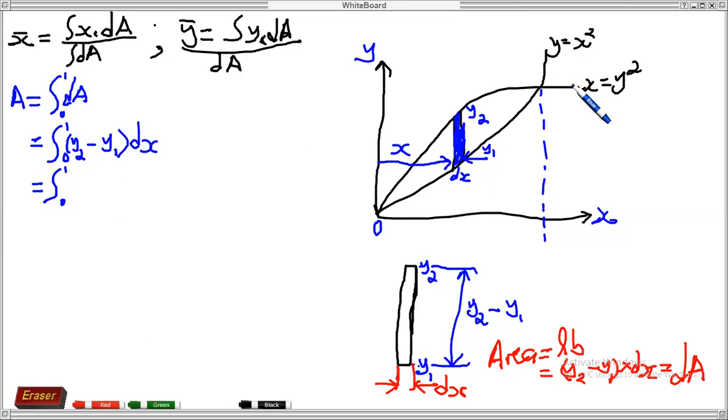We need to write it by making y the subject of the formula. Therefore y is equal to x to the power 0.5. So this is the equation that we need to put here.